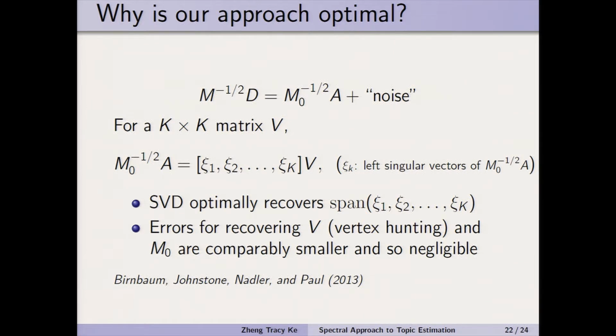Therefore, you can view estimating the topic matrix as two steps. First, try to estimate the column space of the topic matrix, and then try to find a K by K matrix to change the basis. So first, we try to estimate the column space.